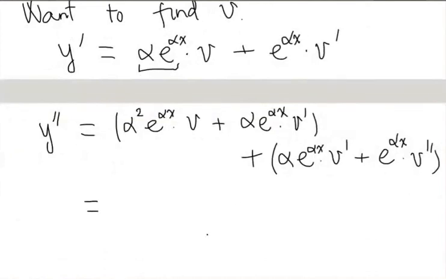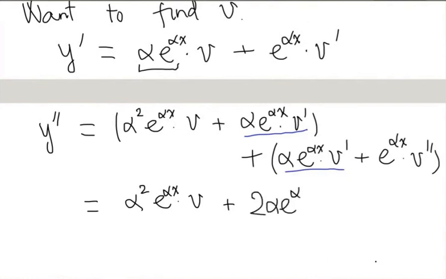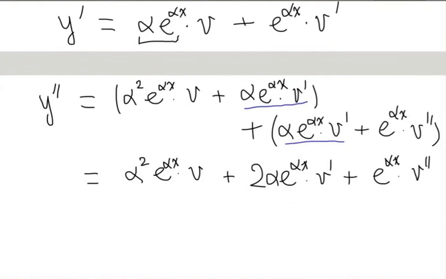Simplifying, we get alpha squared e to the alpha x v, plus, since two terms are the same, 2 alpha e to the alpha x v prime, and lastly e to the alpha x v double prime.